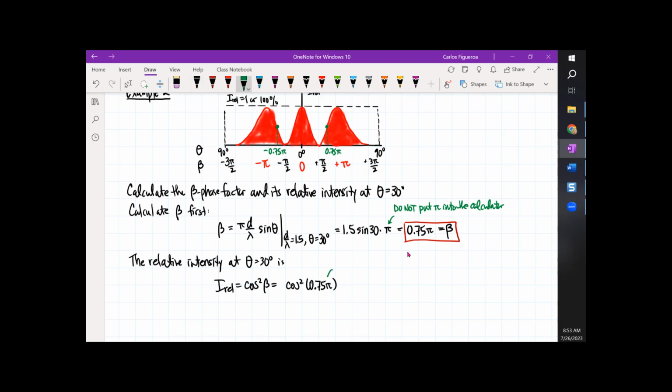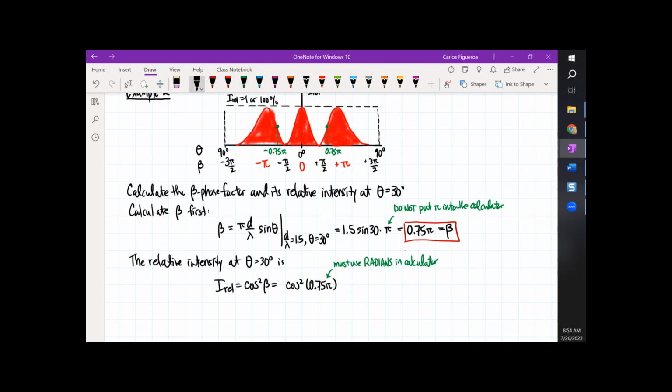Here you must use radians in the calculator, or you have to convert that into degrees. Typically I have my calculator always in radians.